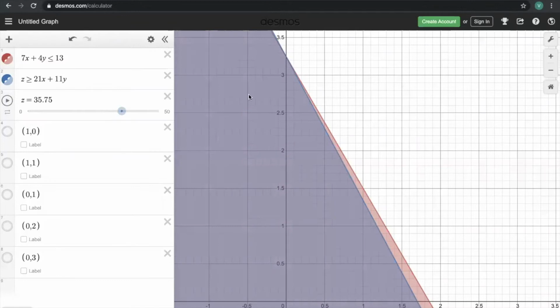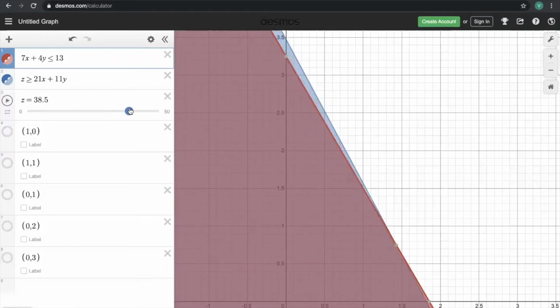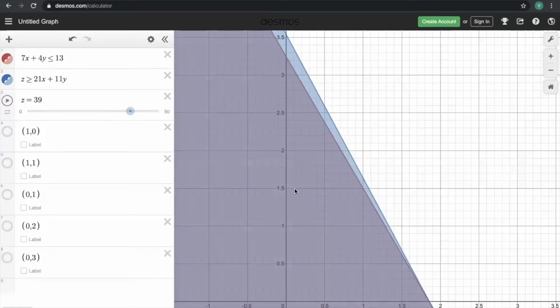I'm looking at all the values, not just at the integers. So we have a candidate right here at 0, 3.25. And our second candidate is right here at 1.857. And it looks like the second one is our maximum at this point.